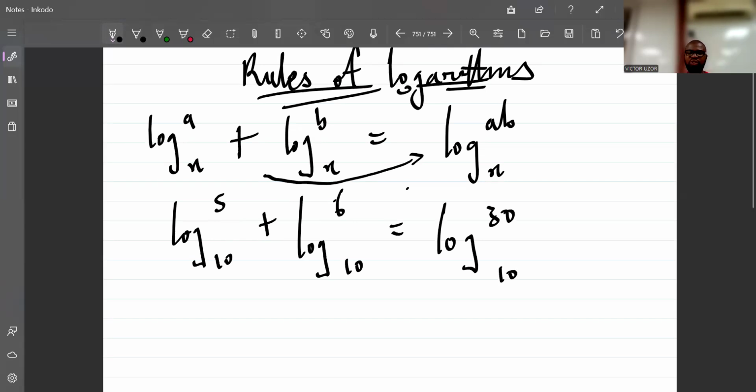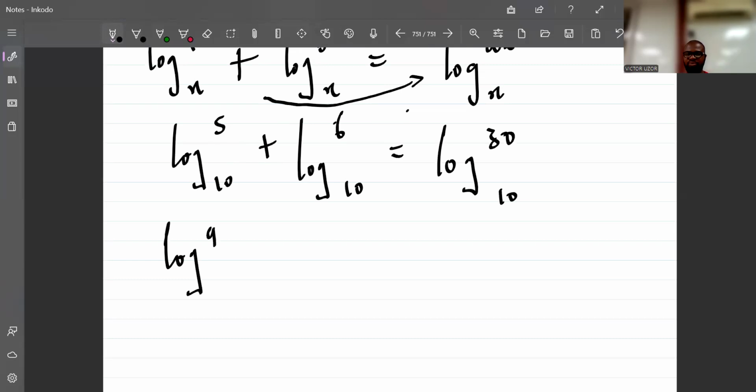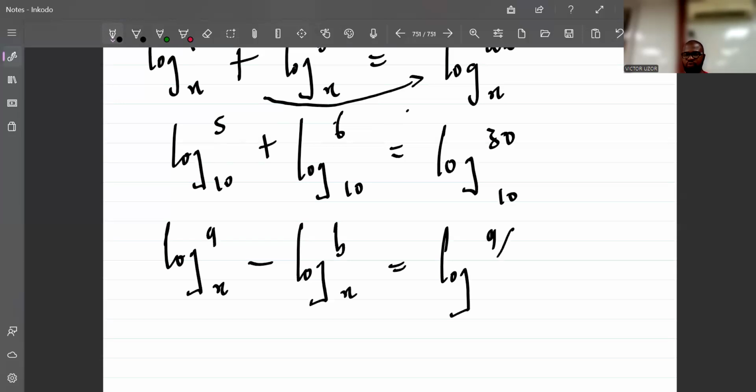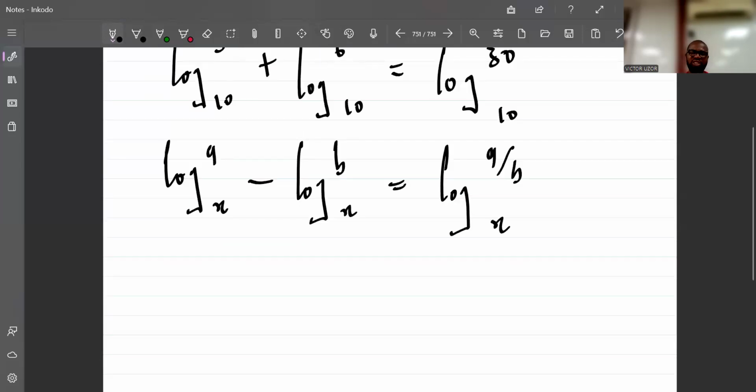That is it. So the second law: when you have log a base x minus log b base x, it is going to be log a over b base x. It also came from the ideology in indices.